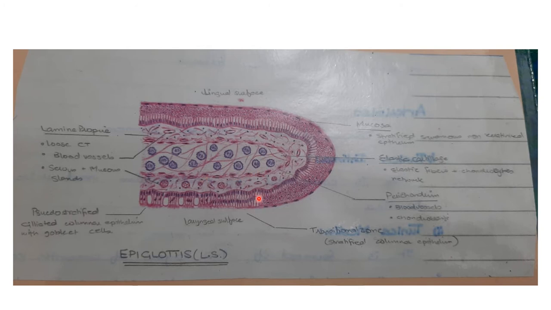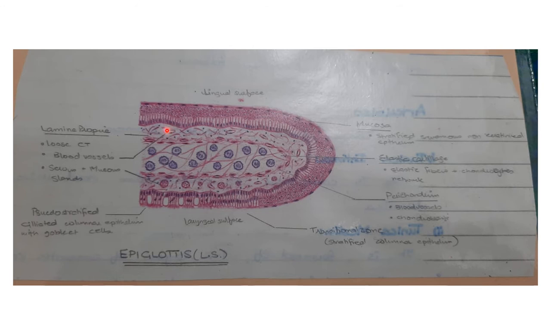Then here is the transitional zone, where you can see the stratified squamous non-keratinized epithelium is now converting into pseudostratified ciliated columnar cells with goblet cells. And this is the lamina propria, which consists of blood vessels and a few serous and mucous glands.